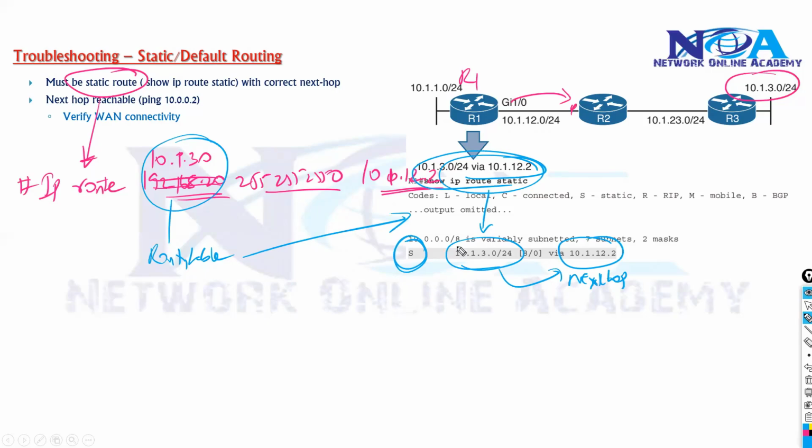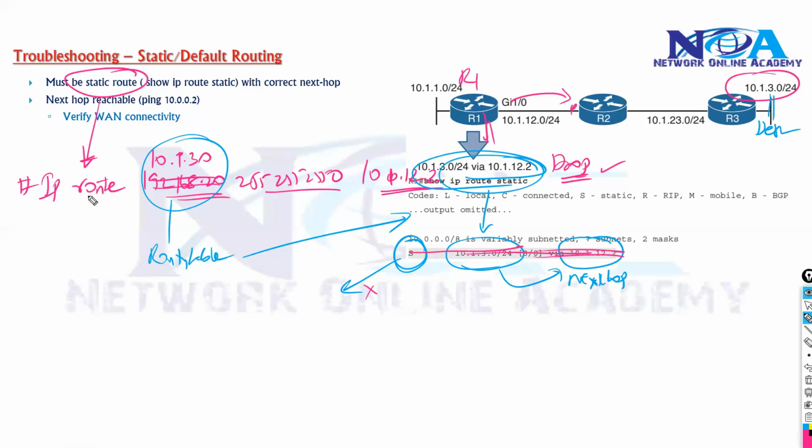If there is no entry in the routing table and router 1 wants to forward a packet to this particular destination, the router is going to check the routing table, and if it doesn't have a route, it is going to simply drop the packet, assuming there is no default route.